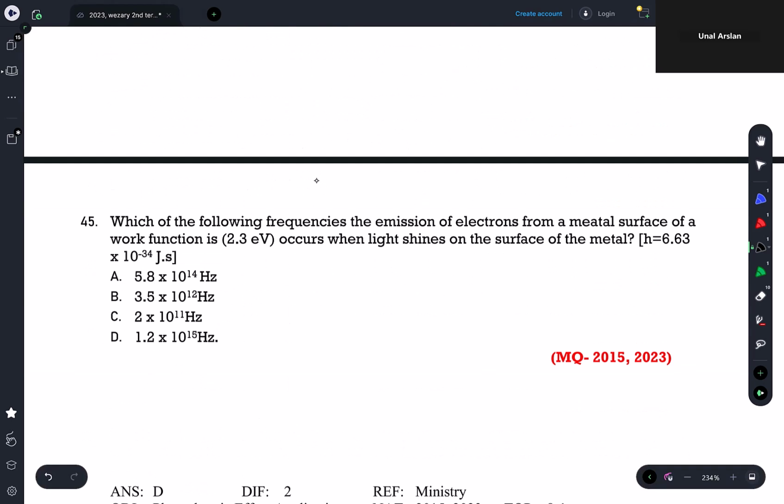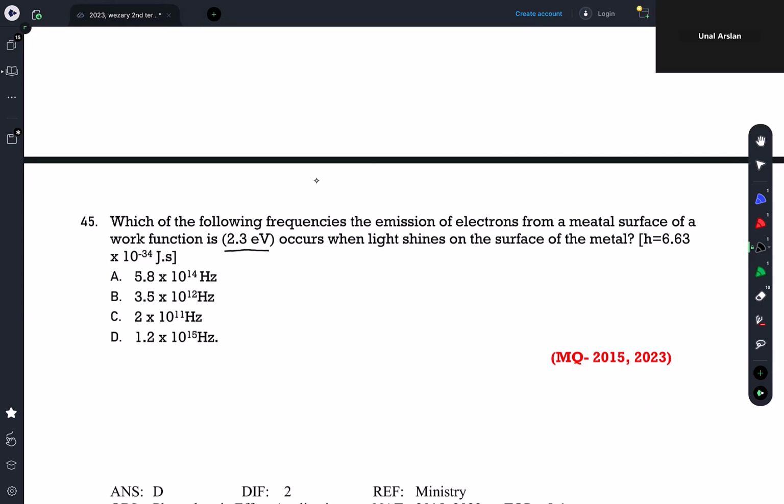Which of the following frequencies causes the emission of electrons from a metal surface of work function 2.3 when light shines on the surface of the metal?